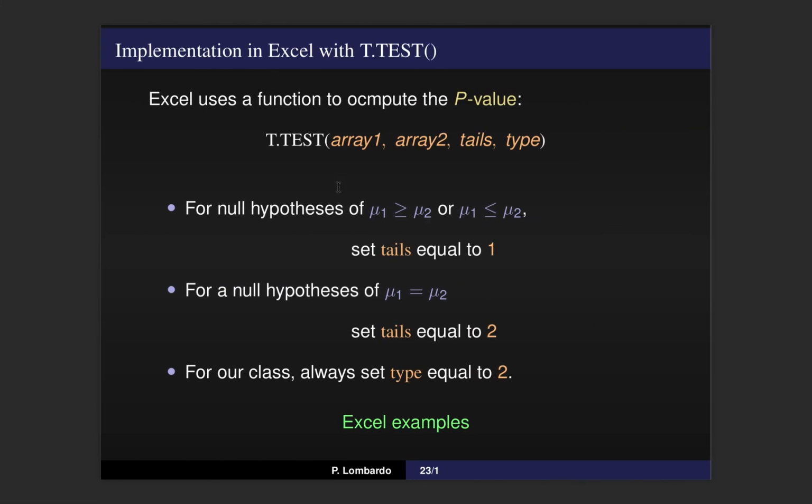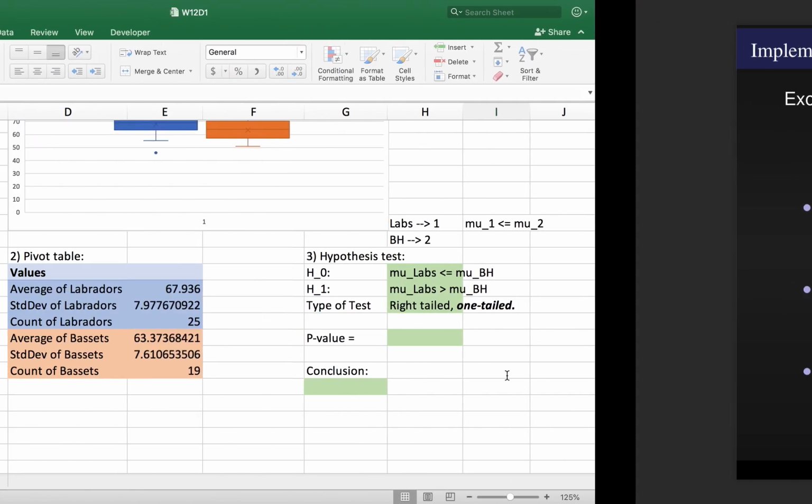Okay, and this is important because when we go to use our t-test command to compute this p-value, we have this tails component that we're going to set either equal to 1 or equal to 2, depending on the type of test. In this case, here's our null hypothesis for this Basset Hound example. We know that it's a right-tailed or one-tailed test, so we're going to set tails equal to 1. And keep in mind, type is going to equal 2.